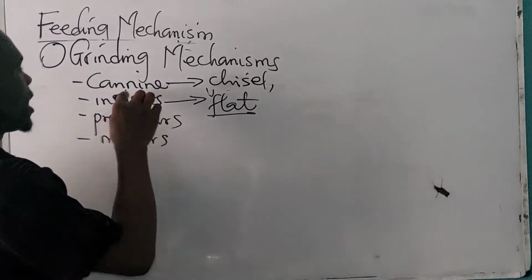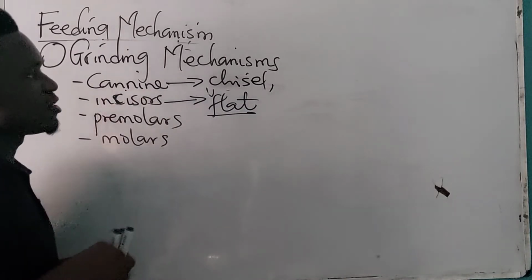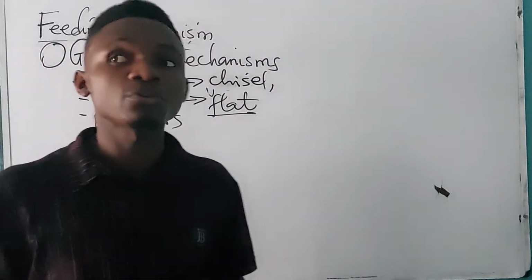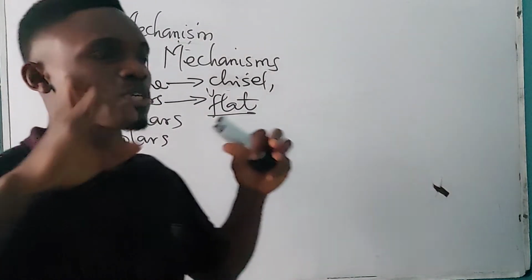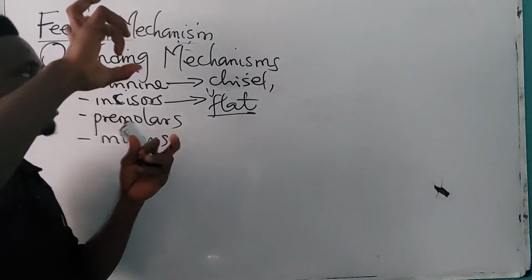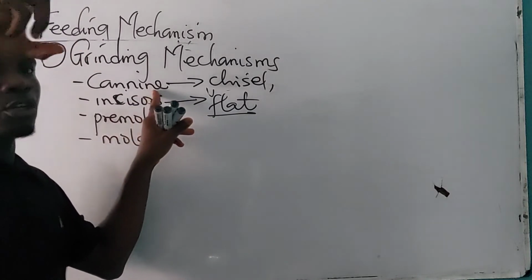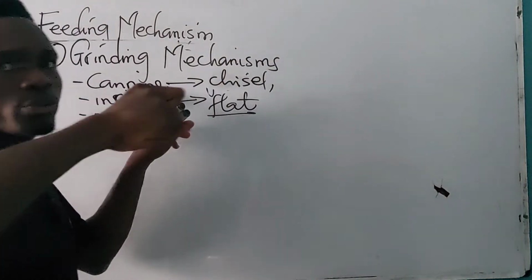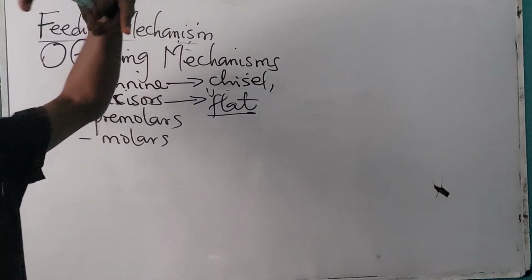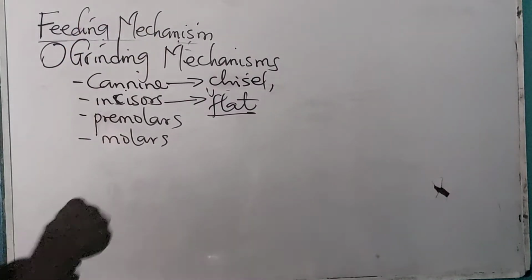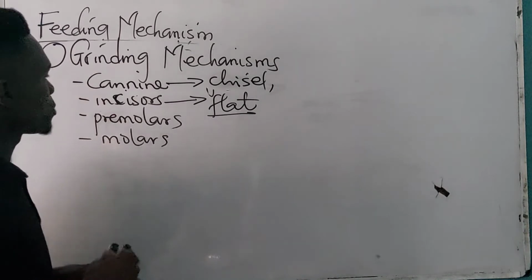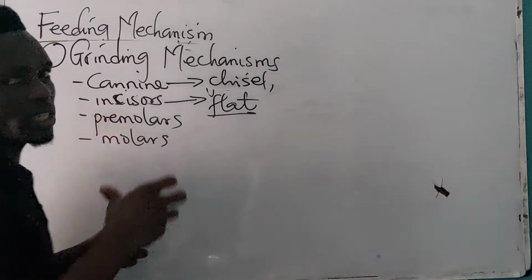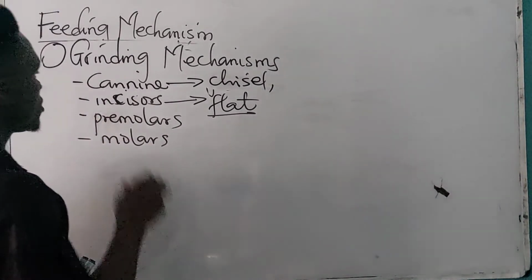All right, and it is the canine that is present in carnivorous animals like cheetahs, dogs, lions, so that the canines are used to get hold of their prey, two up, two down. Now the canine is used for tearing of food substances and for getting hold of prey.